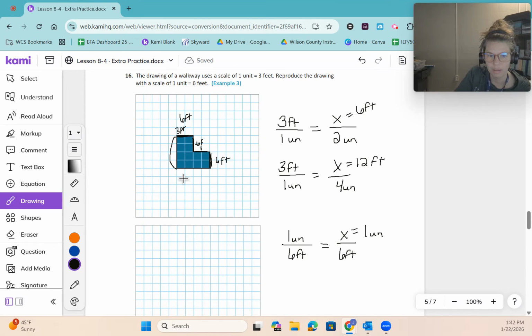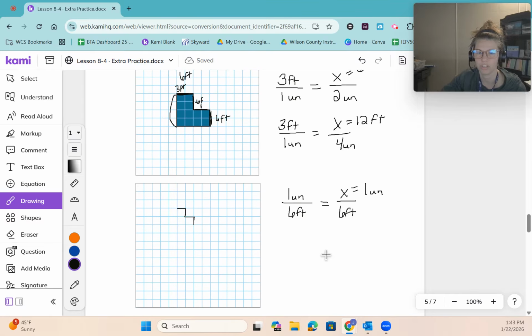So that means my top is going to be 1 unit, down 1 unit. And then I'm going to go down again, kind of make that L shape there. You can actually kind of see what's going to happen here on this particular shape in order to keep it looking the same. But let's go ahead and do our calculations and figure it out.